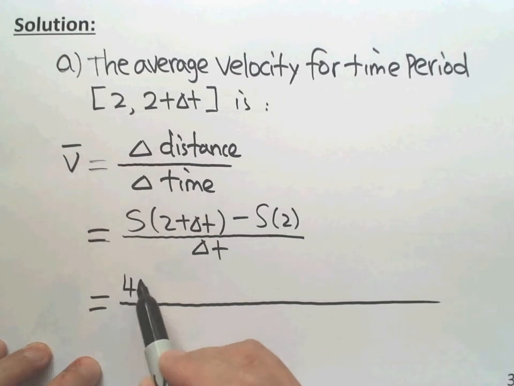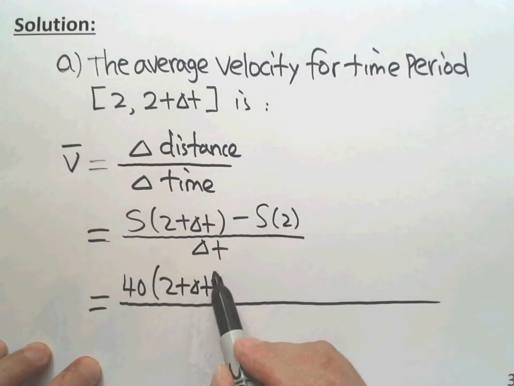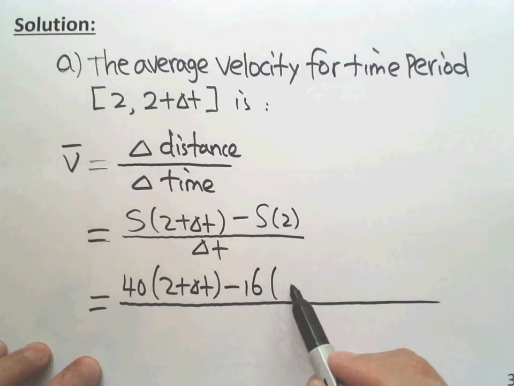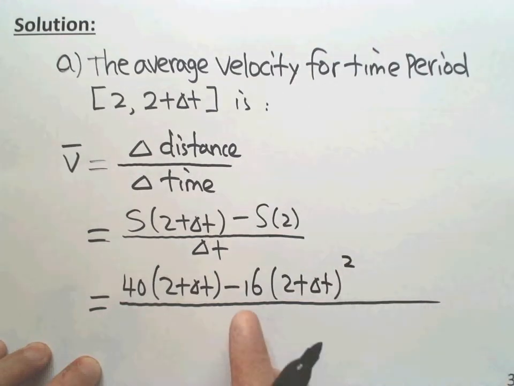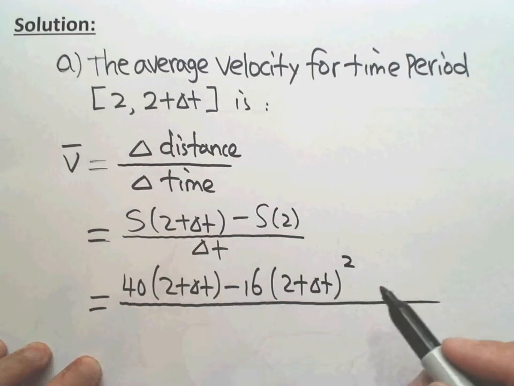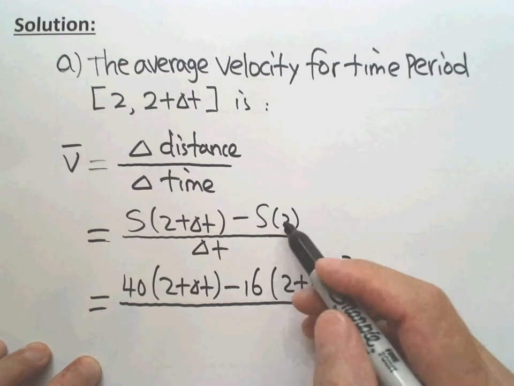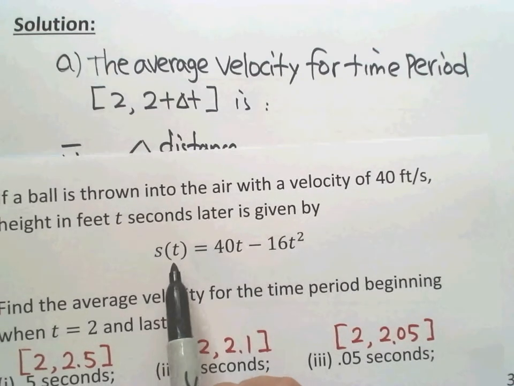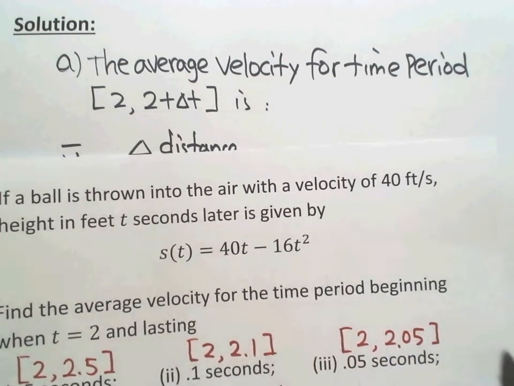We evaluate at that, which is 40 times (2 plus delta t) minus 16 times (2 plus delta t) squared, and this is for s at 2 plus delta t, minus s at 2. Of course, you have to do the calculation. s at 2, replace t by 2 and do the calculation.